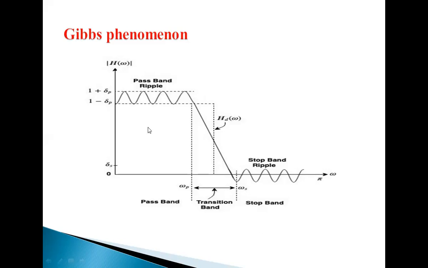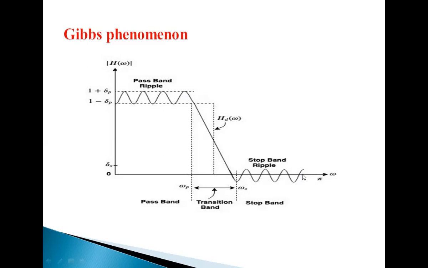As you know, this dotted line is indicating the ideal value of the low pass filter, and here we are finding the ripples in the pass band and stop band. These ripples occur because of the conversion of the Fourier series coefficients into the digital part.